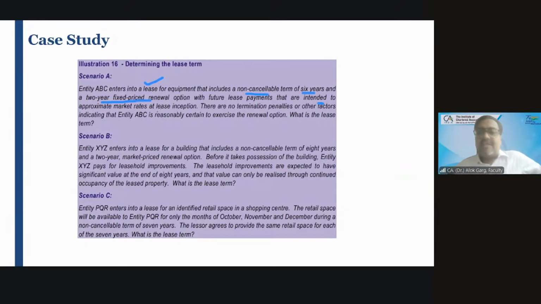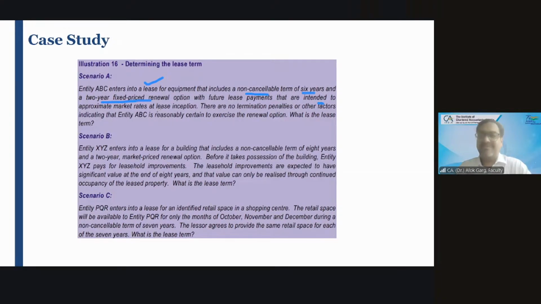So there is a non-cancelable period of 6 years and an optional renewal period of 2 years, and the renewal will happen on a market rent. There are no termination penalties or other factors indicating that entity ABC is reasonably certain to exercise the renewal option.